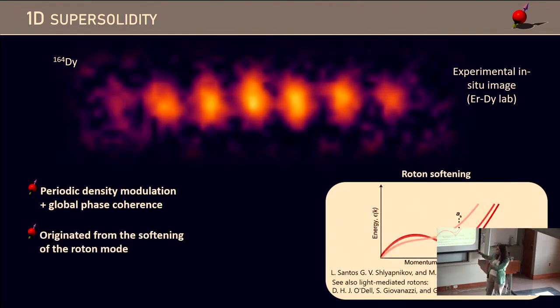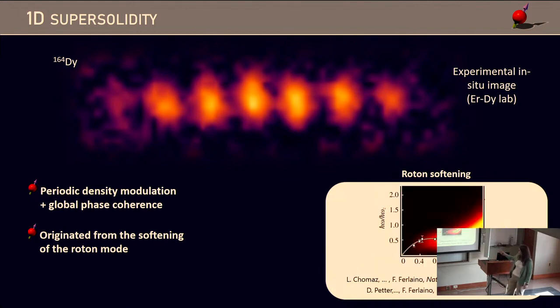We know that the origin of this state comes from the softening of the roton mode in the excitation spectrum of a dipolar Bose-Einstein condensate with a tight confinement along the Z direction, as it was predicted back in 2003, and as it was also experimentally observed in 2018 and 19.